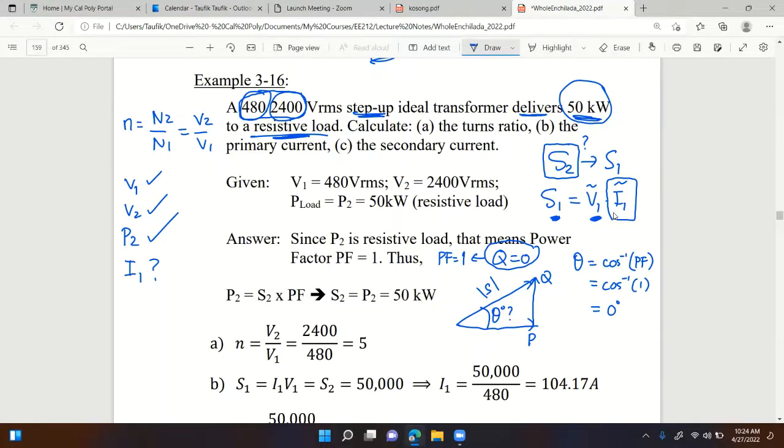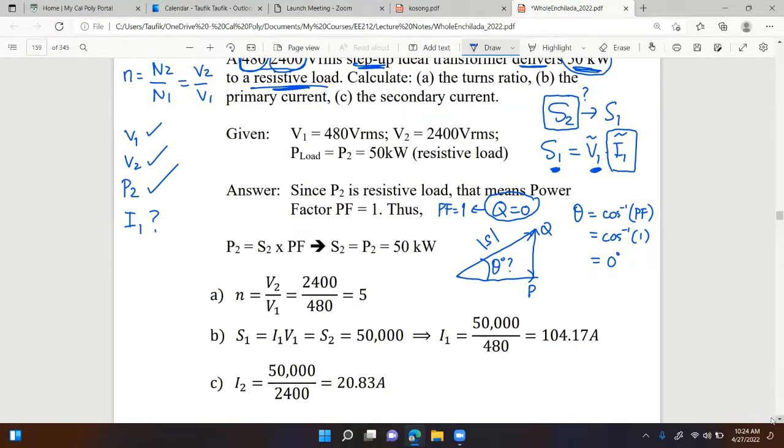So again, if you go back to the power triangle, if theta is equal to 0, what happens? If theta is equal to 0, or likewise Q is equal to 0, that means P is equal to S.